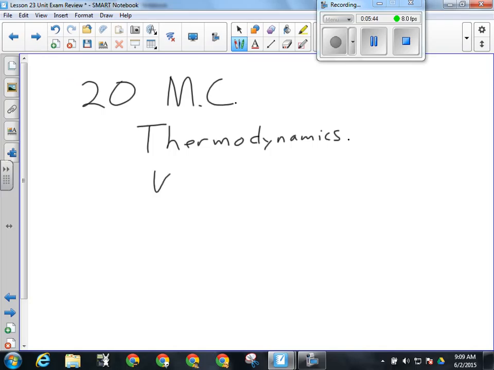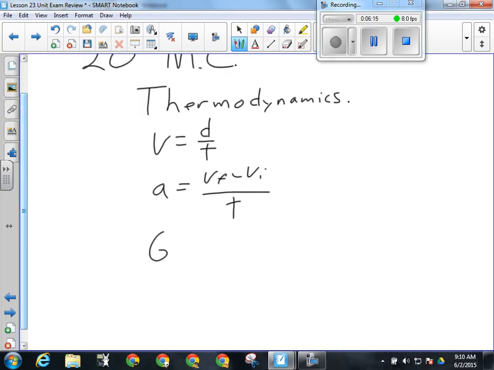There's a couple of V equals D over T problems in the multiple choice, just because they're quite simple and not really worth wasting a problem on in the written part. There's one acceleration question in there. And there's 3 or 4 graphing questions where you'd be asked to interpret a graph.